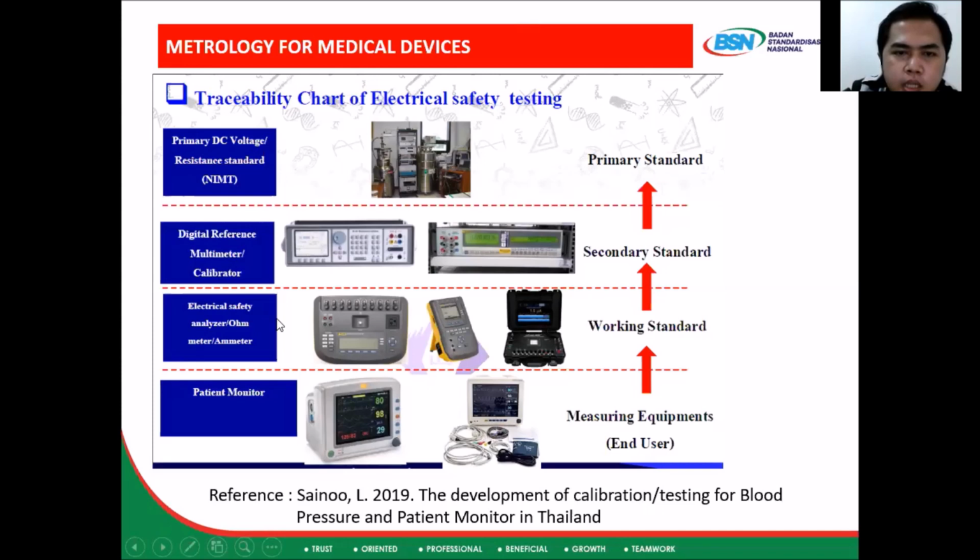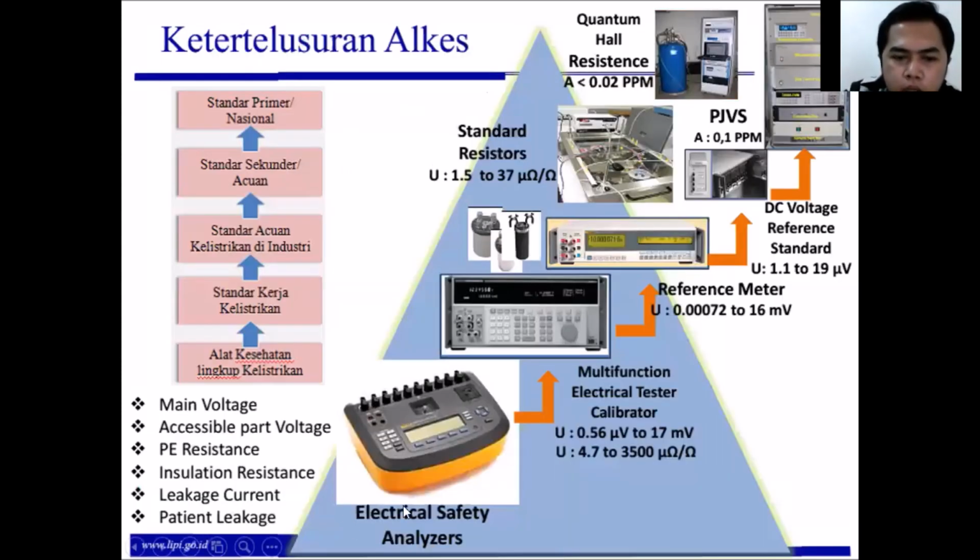And there's the traceability chart of the other medical device. This is the patient monitor. The electrical safety analyzer is traceable to the multifunction calibrator reference meter. The voltage is traceable to the PJVS, while the resistance is traceable to the quantum Hall.